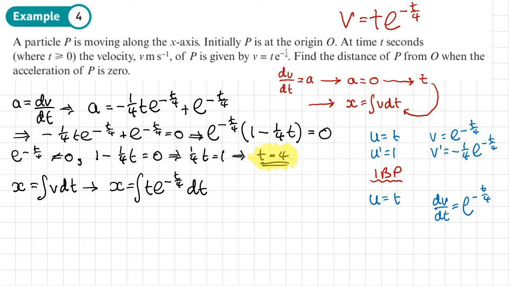So we differentiate the u part, so du/dt, and that will give us 1, and then we integrate the dv/dt part, so that's going to be the reverse chain rule. So I'm still going to have e^(-t/4). I divide by that power differentiated, which is going to be a quarter, divide by a quarter, or divide by negative a quarter, which is the same as multiplying by negative 4.